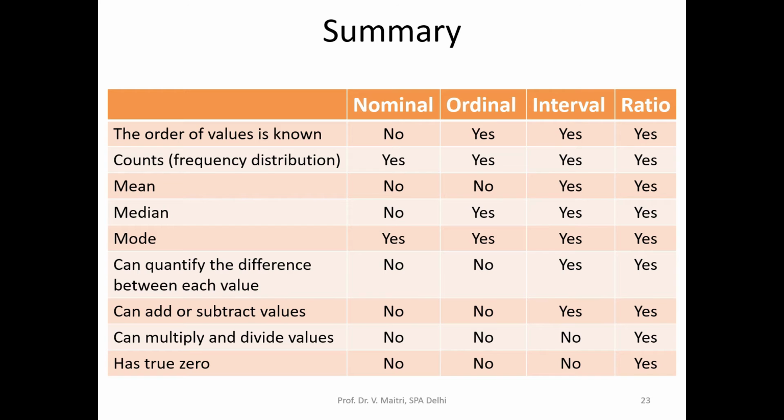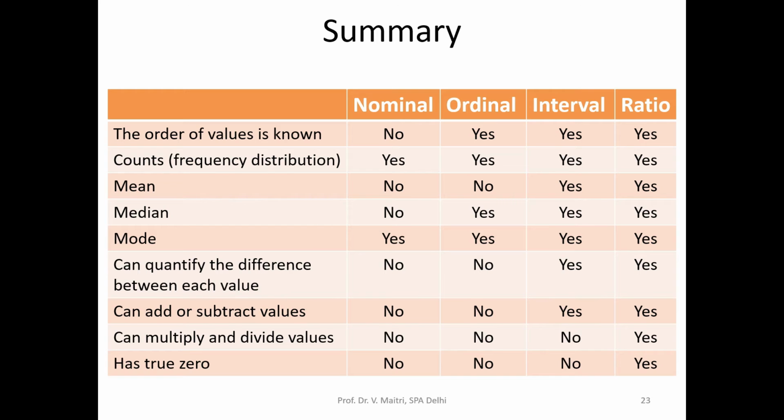In nominal data there is no order, but in ordinal data, yes, we can put it in order. Interval data and ratio data we can also put into order. Frequency will be there in nominal also, and also for ordinal, interval and ratio data.